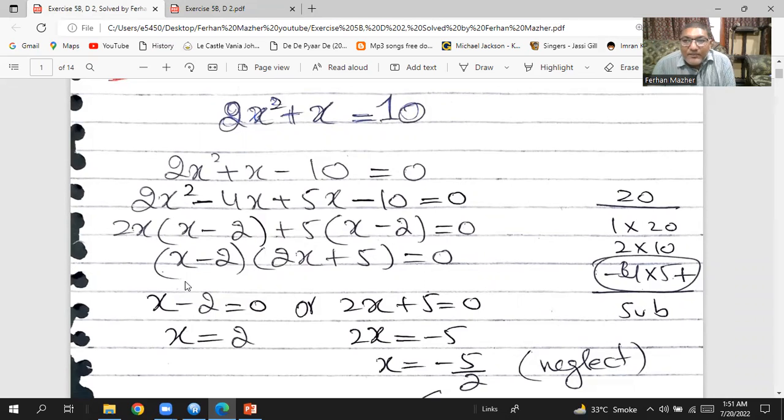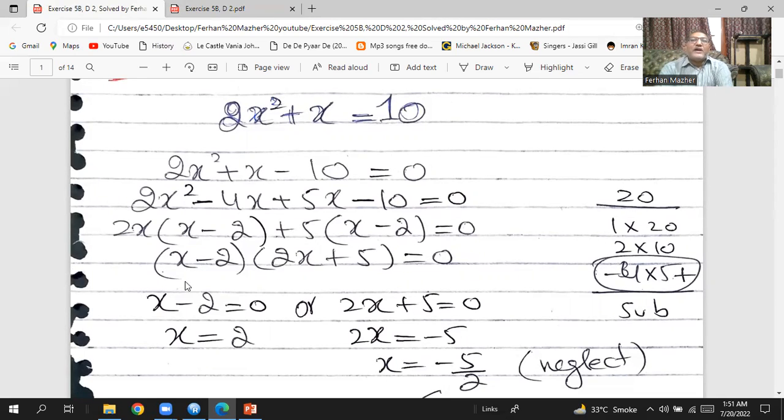So we will take that bracket common, and then in the other bracket, you will have 2x plus 5. And you know, there are two brackets, they are multiplying with each other, and their product is 0. So either the first bracket is 0 or the second bracket is 0.